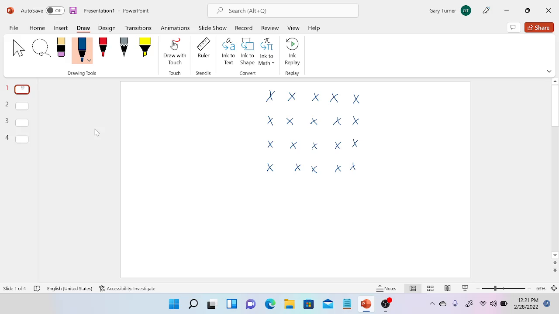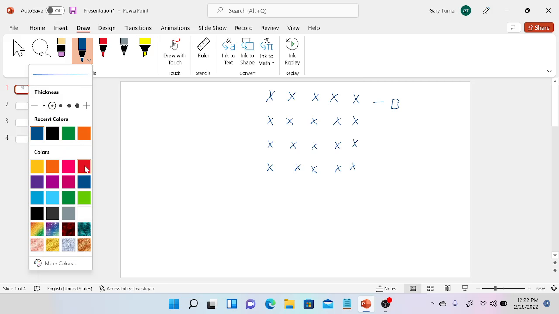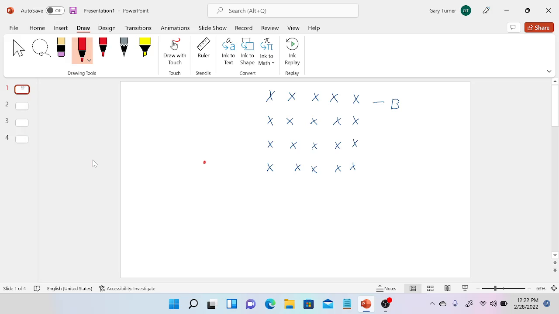We don't know what the strength of this field is yet, but for now, let's just call it B. And what if I inject a particle of charge Q, and once again, let's make it positive, into this region?